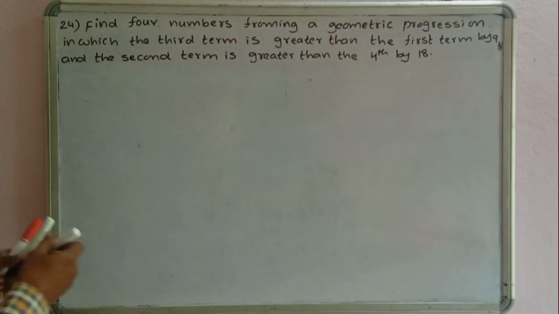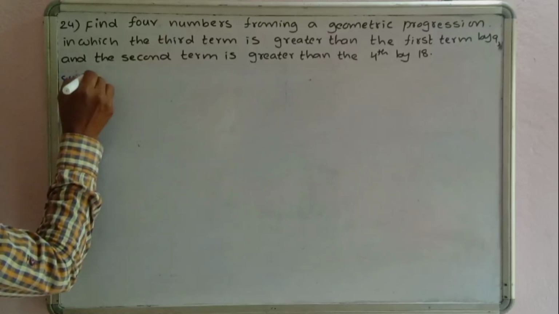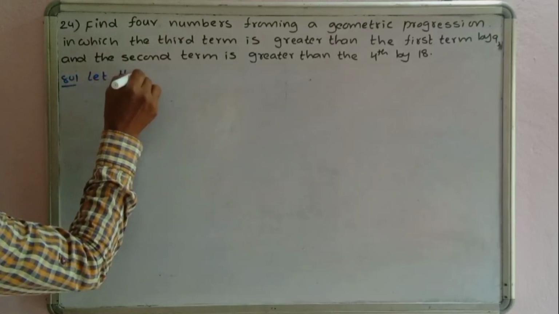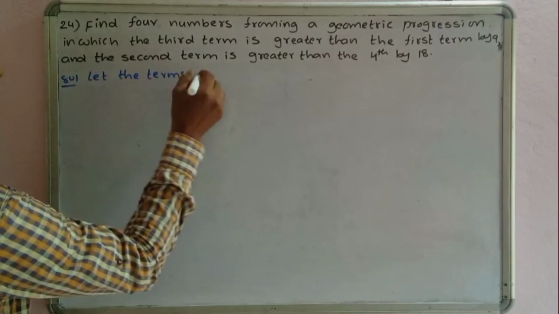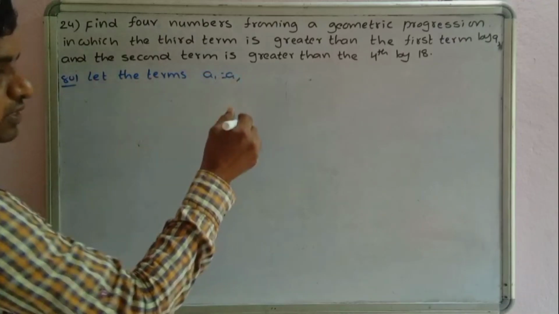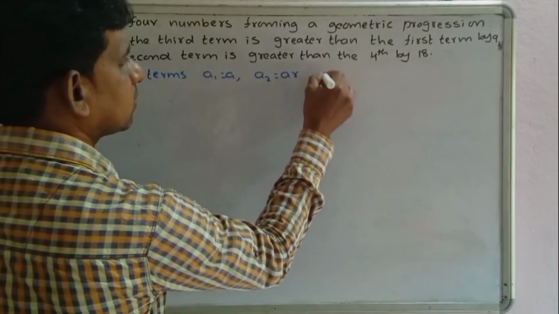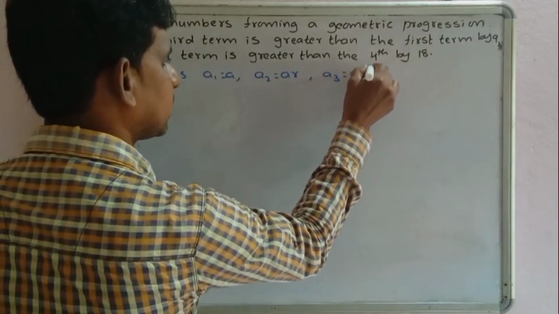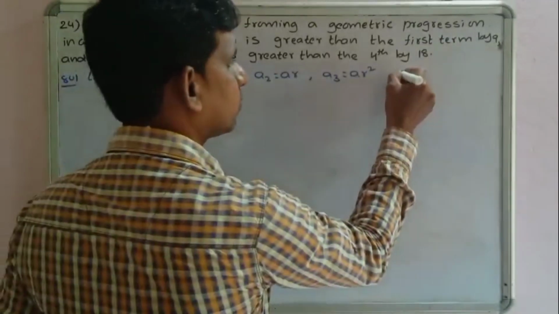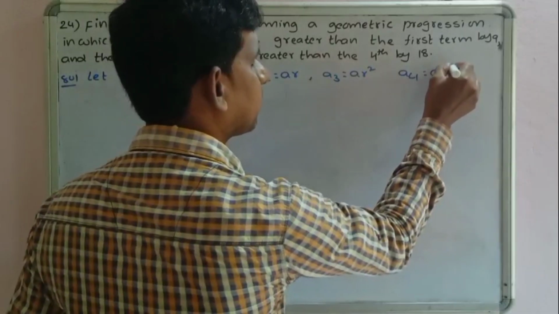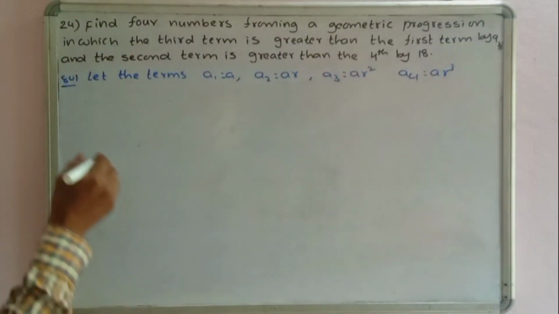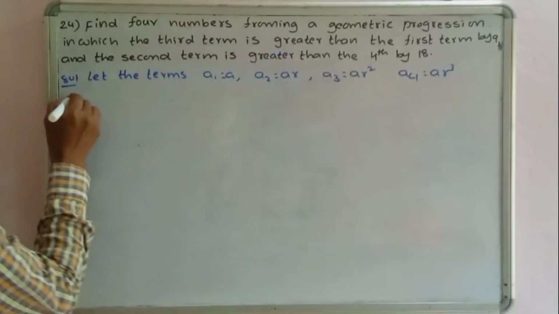Okay, let the geometric terms be: a1 equals a, the first term; the second term a2 equals ar; the third term a3 equals ar square; and the fourth term a4 equals ar power 3. Here one condition is given. What is the condition?